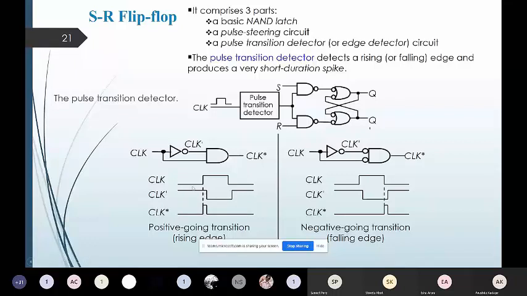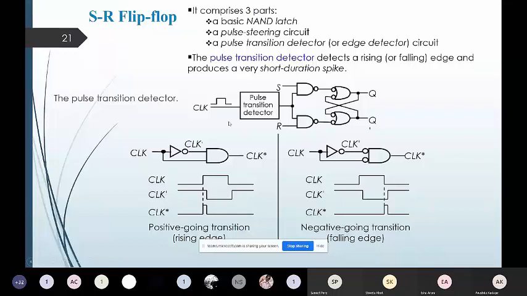And that's why the positive edge of the clock signal will be reflected in the clock dash as a negative going edge after this much delay, which has been marked by this vertical dotted line. So this will be the transition delay caused by this NOT gate. And that's why, in the clock dash, immediately after the clock signal goes high, we are not going to get the negative edge to appear for that clock dash signal.